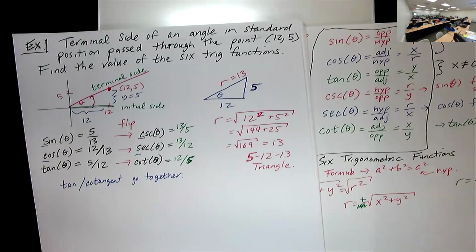So they picked three other letters. So cosecant is the only one that doesn't start with the first three letters of what it is. Any questions on that?